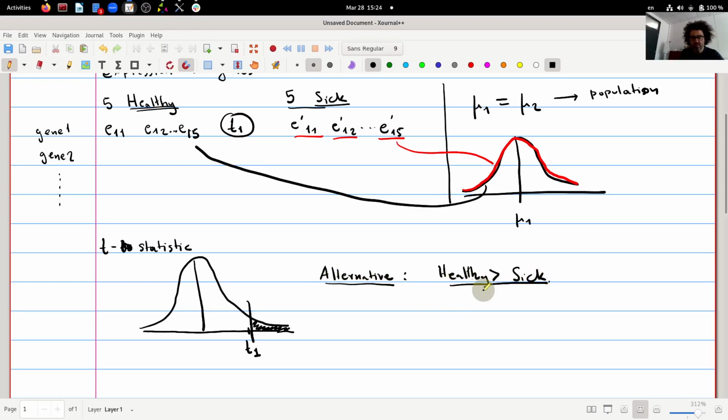So with this alternative, this is the p-value. So this is the probability to find a value greater than t1 when H0 is correct.